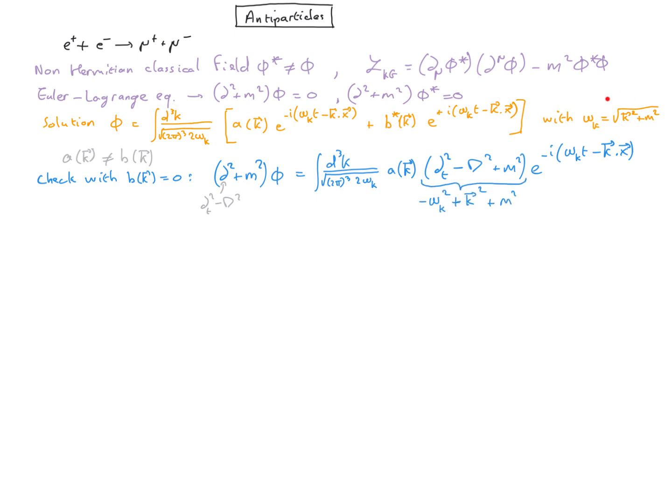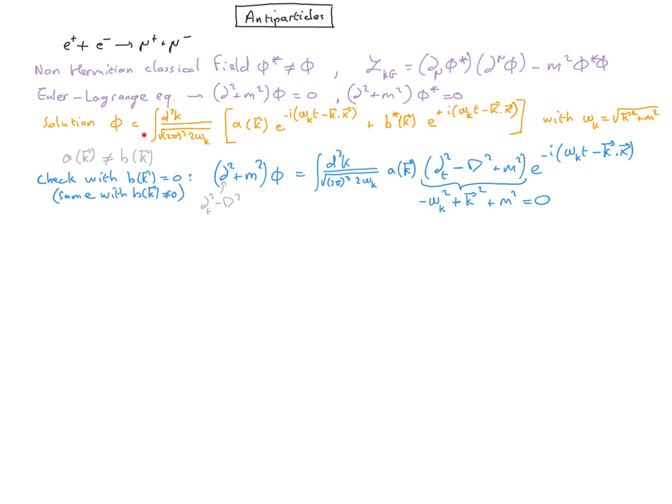And we see that by imposing that omega_k is equal to the square root of k squared plus m squared, this quantity is just 0. Of course, it works the same way for B non-equal to 0, because we have the same form of the exponent up to a sign. We have omega_k t minus kx, which brings this condition, and therefore this is a solution to the Klein-Gordon equation.